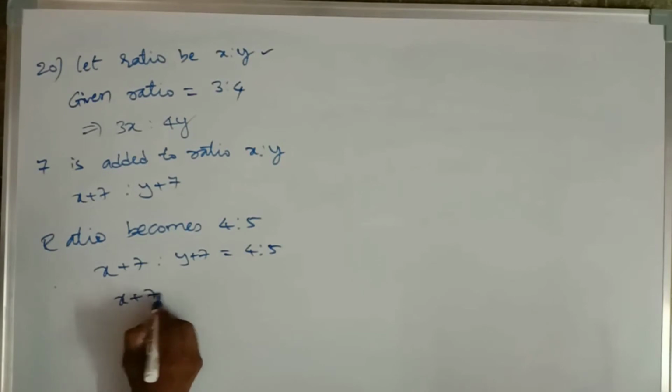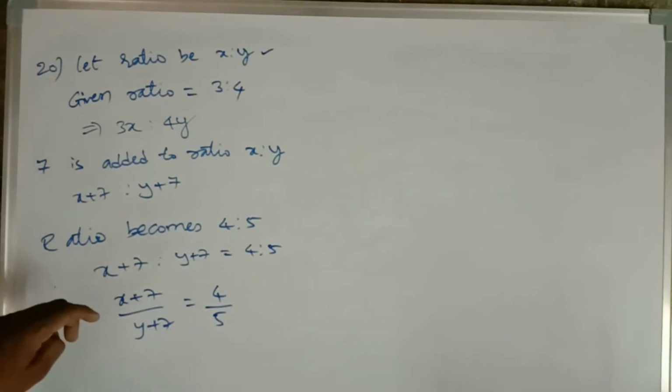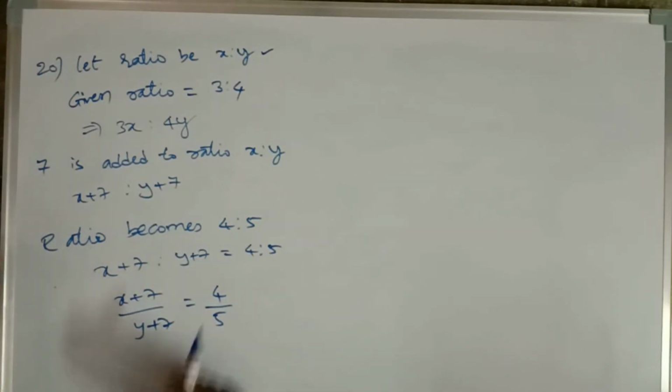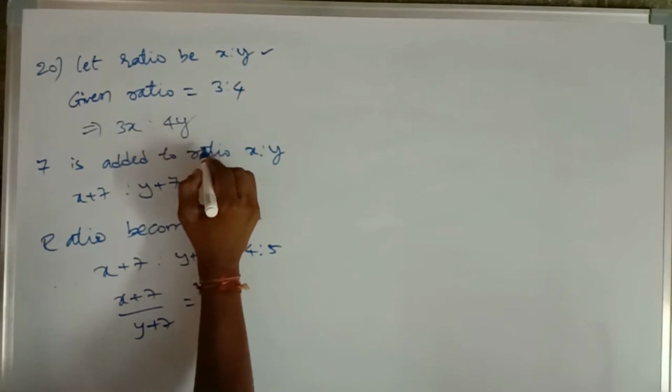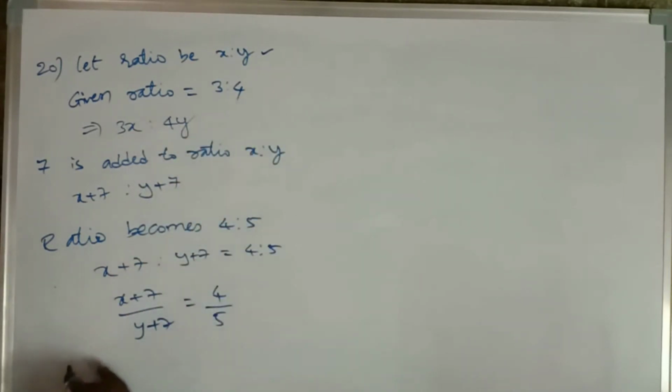Now x plus 7 by y plus 7 is equal to 4 by 5. And also the first is x is to y is equal to 3 is to 4, no? So now I am taking x by y is equal to 3 by 4.